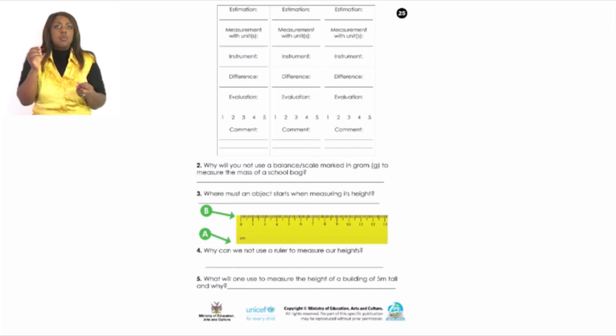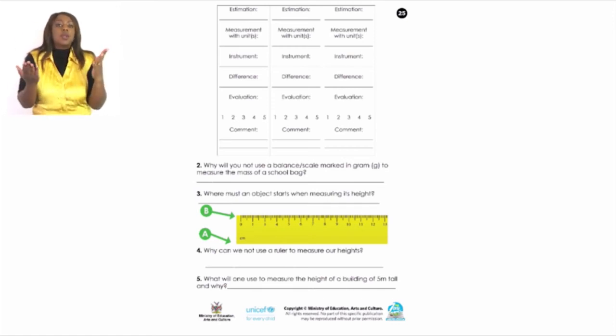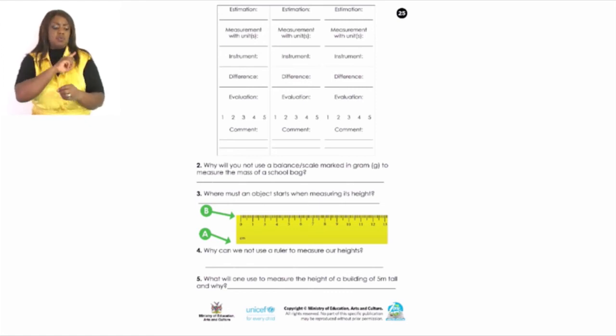Number 3, where must an object start when measuring its height? Where should you place an object on whatever instrument you have to measure it? Number 4, why can we not use a ruler to measure our height? Why do we have to use a measuring tape or a meter stick?